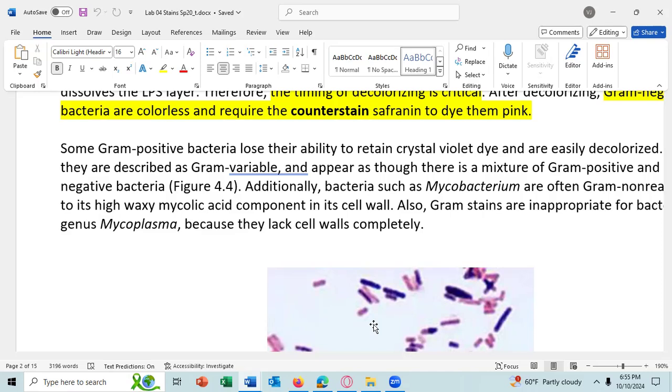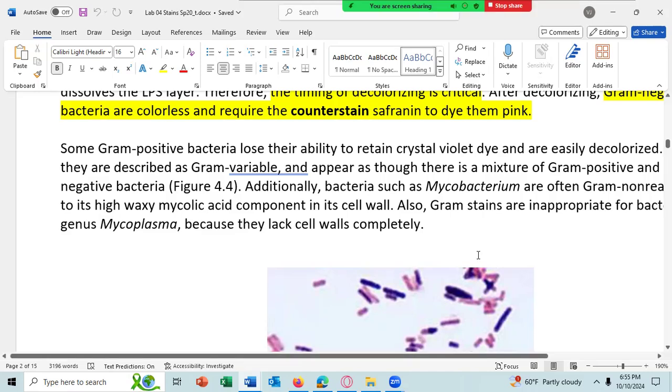And so when the students were staining the mycobacterium and they got these gram variable results, I told them this cell here was probably dead, and that's why it's staining as gram negative. This cell here is probably viable, and that is why it's staining as gram positive.